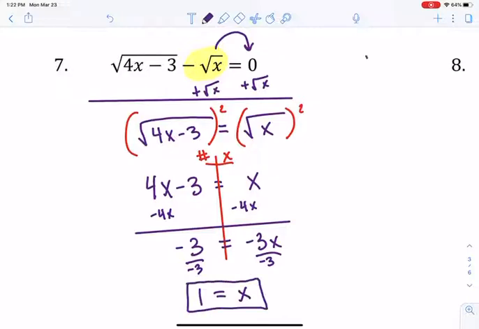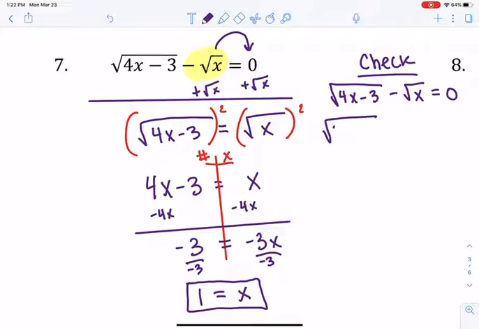And let's do our check. So we've got the square root of 4x minus 3 minus the square root of x is equal to 0. So let's plug in 1. So 4 times 1 minus 3 minus the square root of 1 is equal to 0.